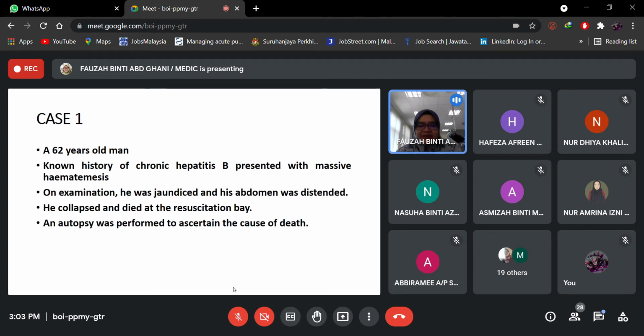So what do you make up from this piece of information, Amrina? From what I understand, he already had a liver problem because he had a known history of chronic hepatitis B. So the hepatitis B is not an acute hepatitis. It is a chronic hepatitis.